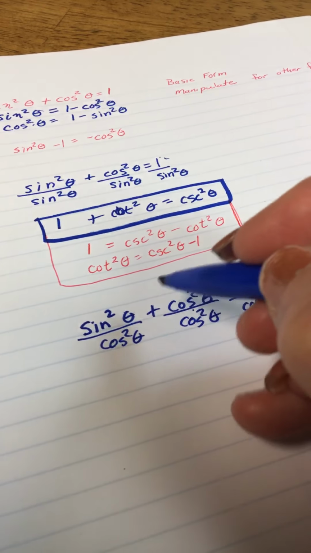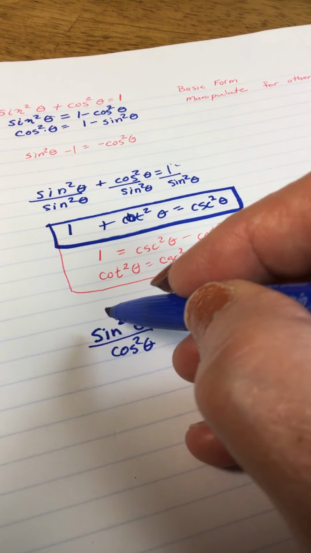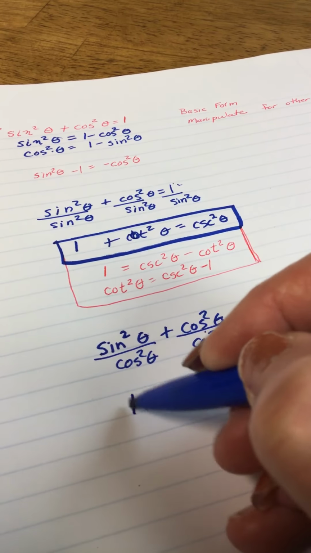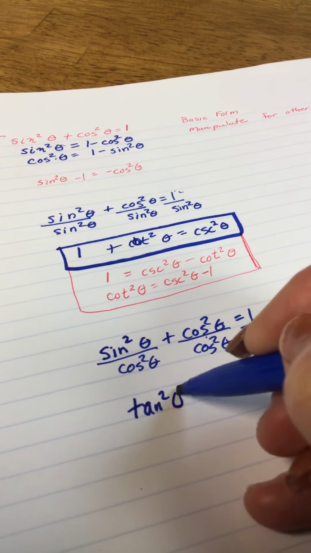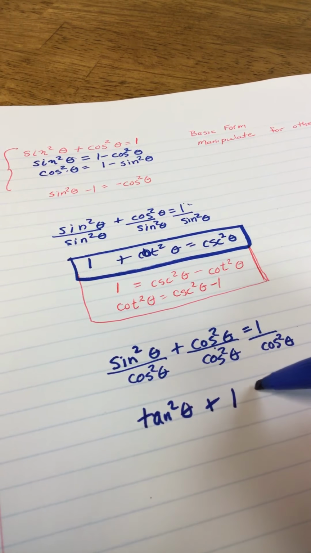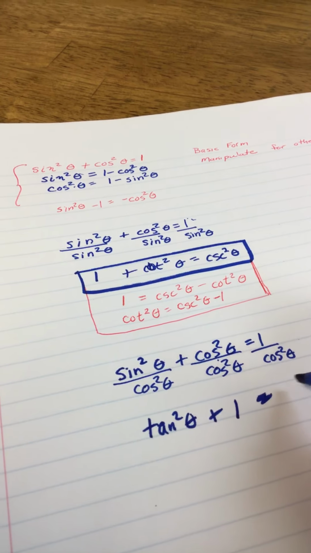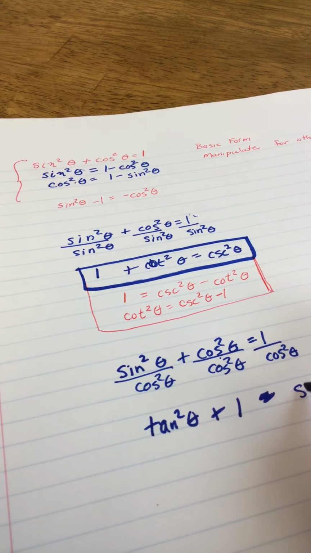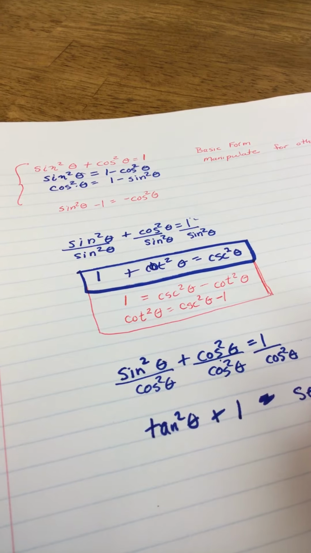And we're going to do pretty much the same thing that we did a while ago. Sine over cosine gives us tangent, but that's going to be squared. Cosine over cosine is 1. 1 over cosine squared is secant squared theta.